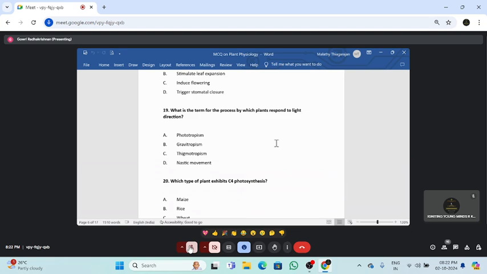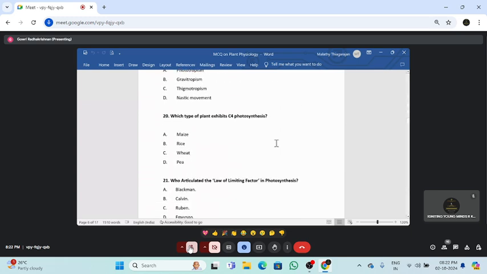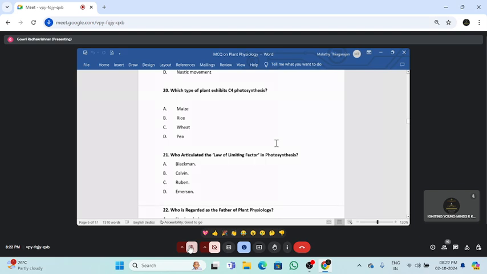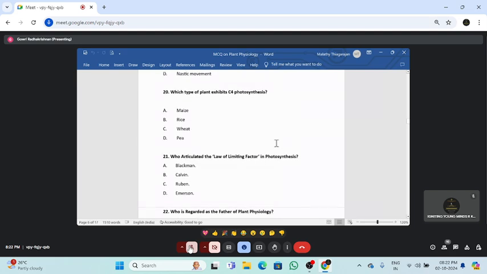Gravitropism is a response to gravity, and the other options don't have any relevance, but for light direction, it is phototropism. Option A. Which type of plant exhibits C4 photosynthesis? Maize. Yes, option A, maize is the correct answer.